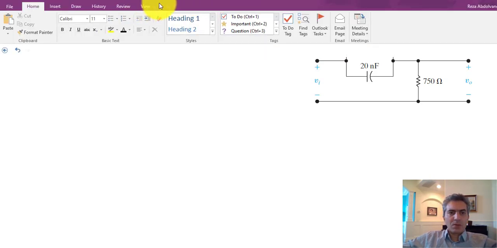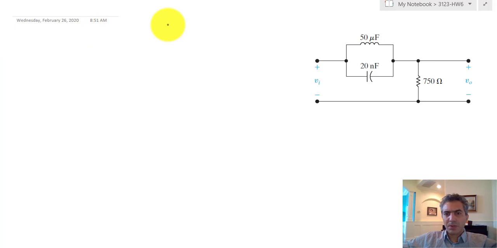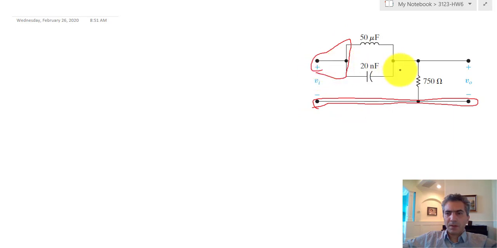Okay, so let's start the discussion. Like always, we're going to label the circuit. So this is one node, that's another node, and that's another node. Then we label the currents.